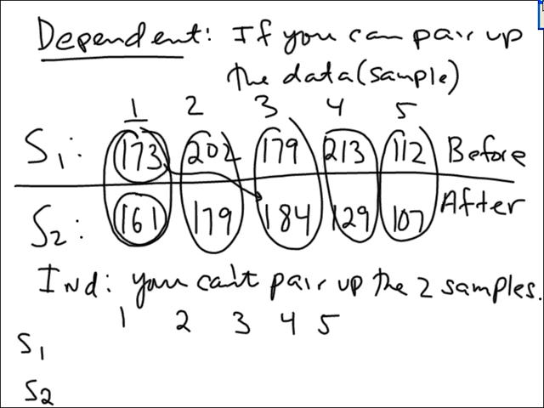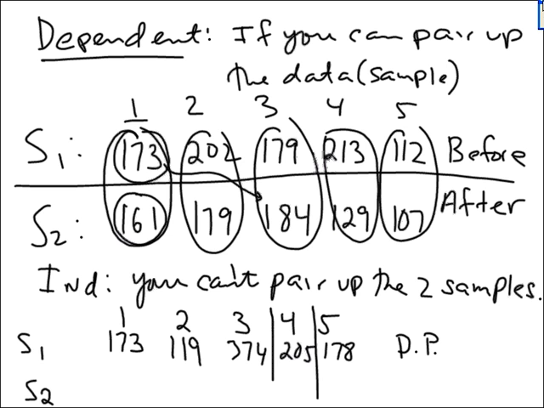And the first person, in sample 1, we give diet pills to them. After 3 months of this experiment, that is, after 3 months they started taking their pills, person 1 is 173 pounds, person 2, 119, person 3 is 374, person 4 is 205, and person number 5 in sample 1 is 178 pounds.